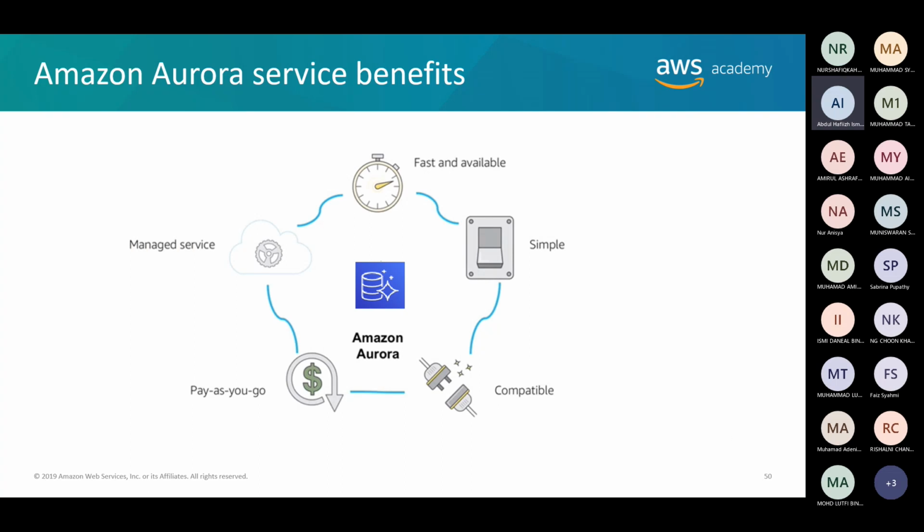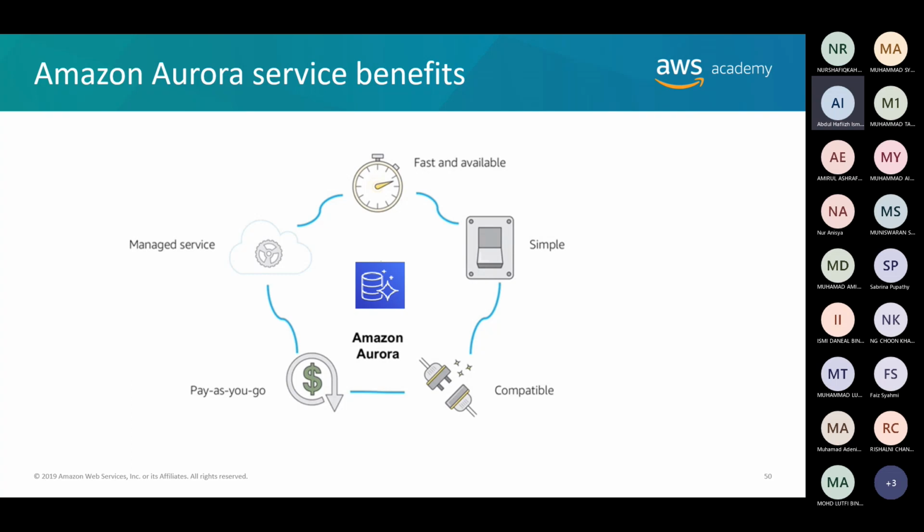So this slide covers some of the benefits of Amazon Aurora. It is highly available and it offers a fast and distributed storage subsystem. Amazon Aurora is straightforward to set up and use with SQL queries. It is designed to have drop-in compatibility with MySQL and PostgreSQL database engines, so that you can use most of your existing database tools with little or no change.